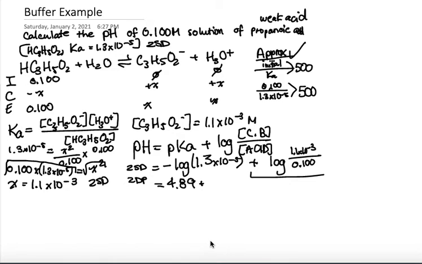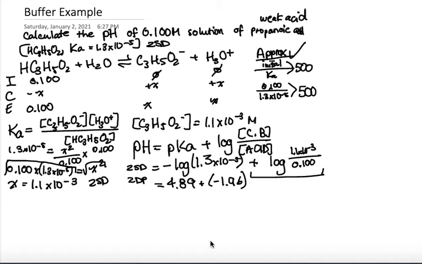So we have 1.1 e negative 3 divided by 0.100. We're going to take the log of that, and we get negative 1.96. Again, we need 2 decimal places for each log.